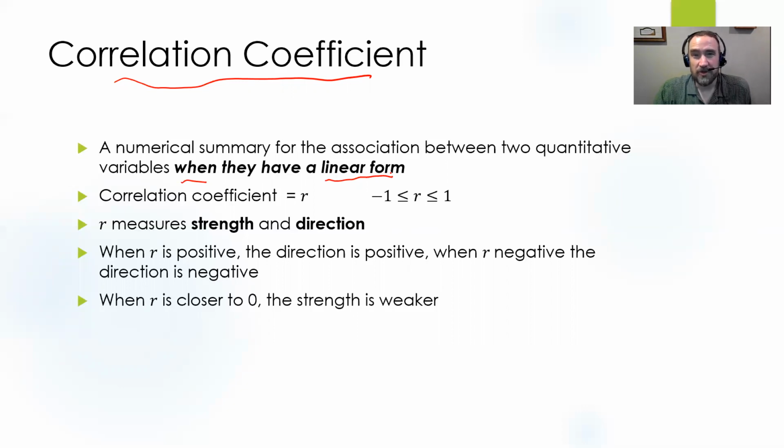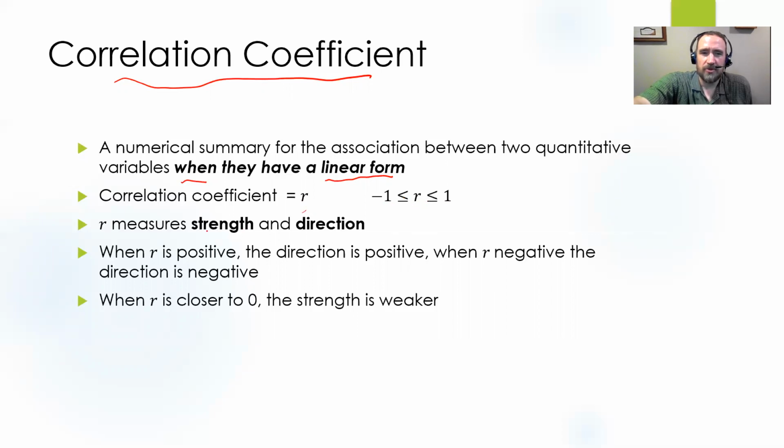So it's really important to explore your data with a scatter plot, look at it and say, hey, that does look like a linear form, then we can calculate the correlation coefficient. We symbolize it for a sample of data with the letter R. And so R means correlation, and R ranges from -1 to 1. So it's a decimal value. It's greater than -1, but less than 1.